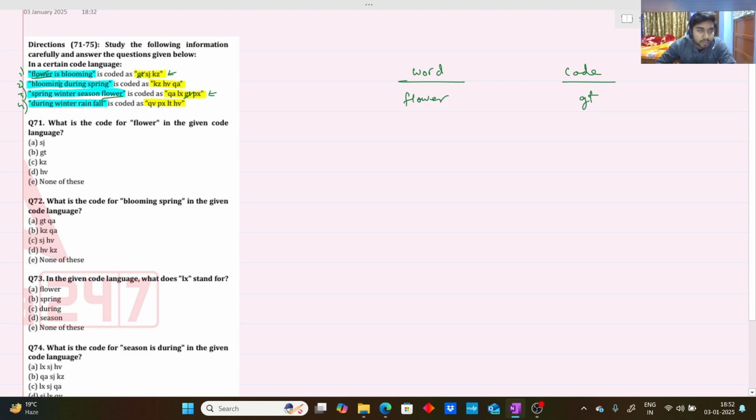I can see blooming is present in the first and second sentence, and no other word between the first and second sentences is common. So let's see what is the common code between the first and the second code. I can say KZ is the common one. That means blooming corresponds to KZ.